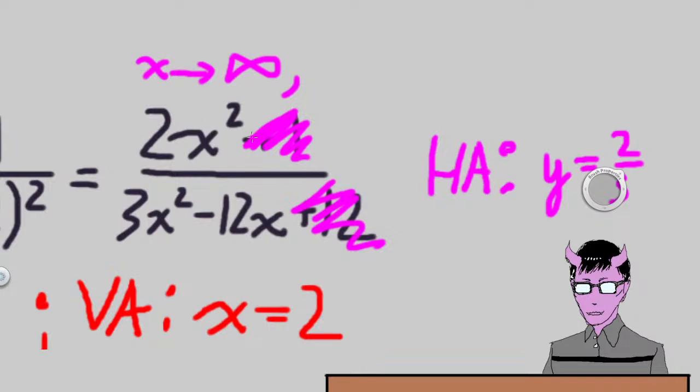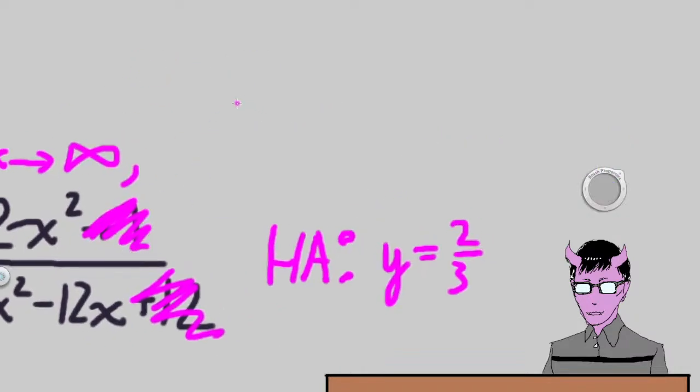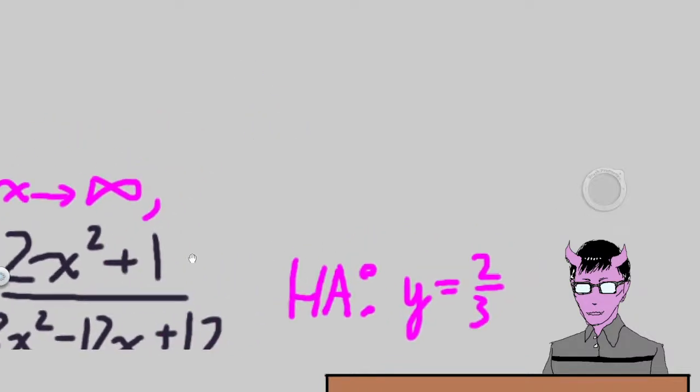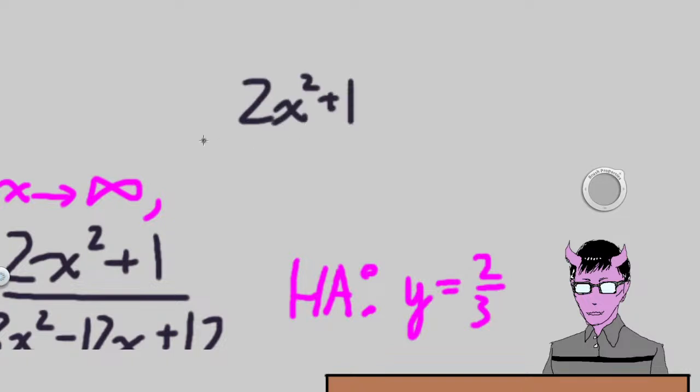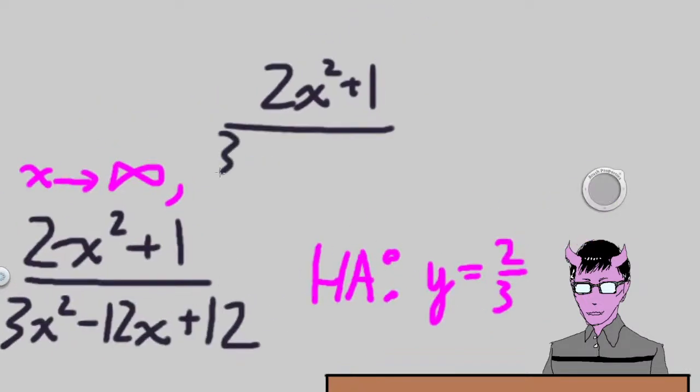Let me see, 2x squared plus 1 over that junk. It's a good thing I changed the coefficients, because now we're bringing up a weird scenario, right?